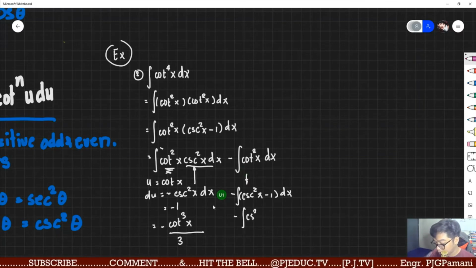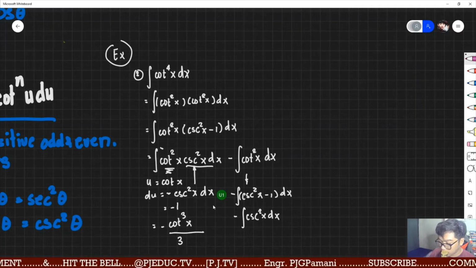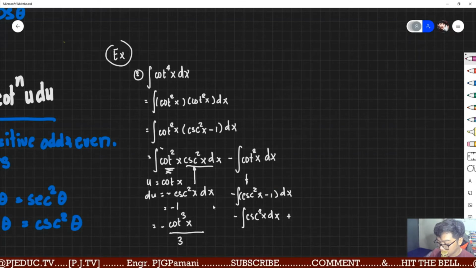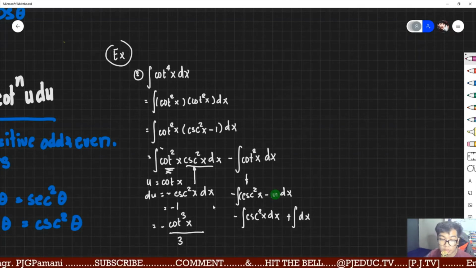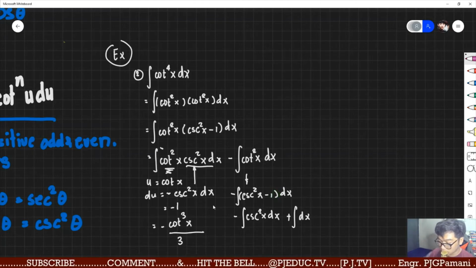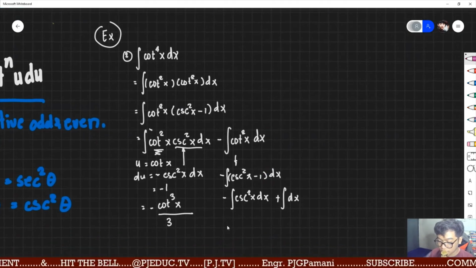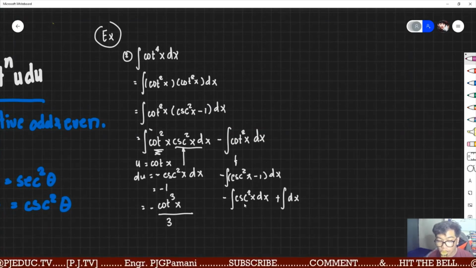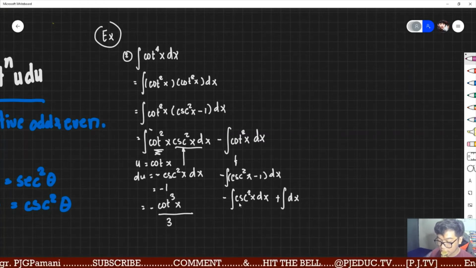The integral of cosecant squared x dx minus the integral of dx. The integral of cosecant squared x dx is simply what?